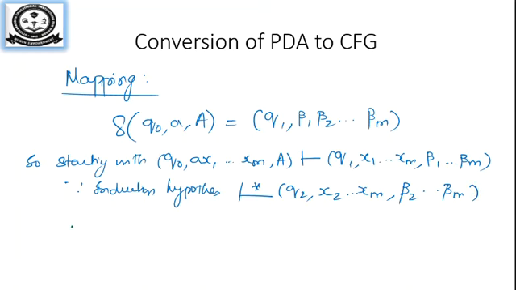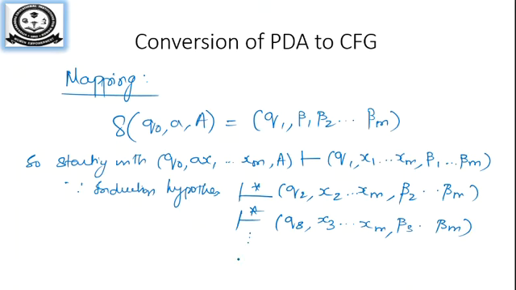This again will be erased and it will carry on. When q2 is processed, you will have q3, then the leftover will be x3 to xm and beta 3 to beta m.